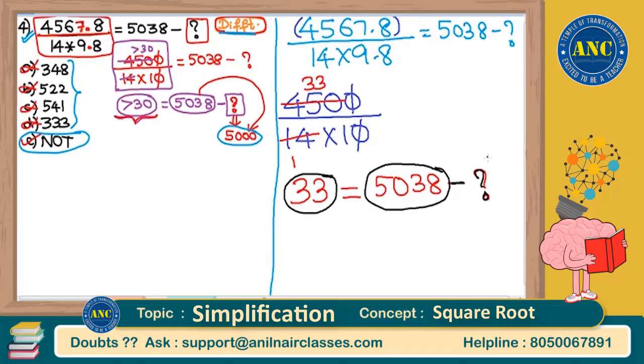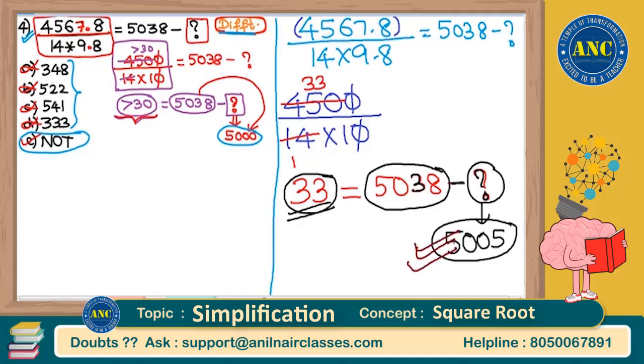Can I say that 5038 minus 5005 is giving you 33? That means the answer should be in the range of 5000s, somewhere in the range of 5000.